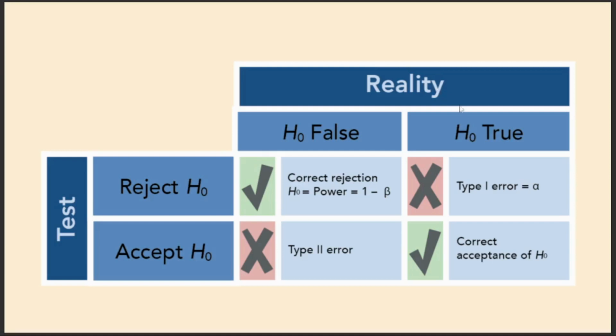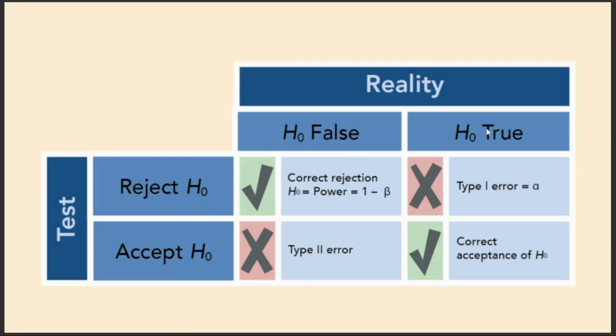Okay, so suppose in reality the null hypothesis is true, but we reject it after the test, then it will cause a type 1 error, which is also denoted as alpha. Similarly, if the null hypothesis is false and we accept it, then it is the type 2 error.